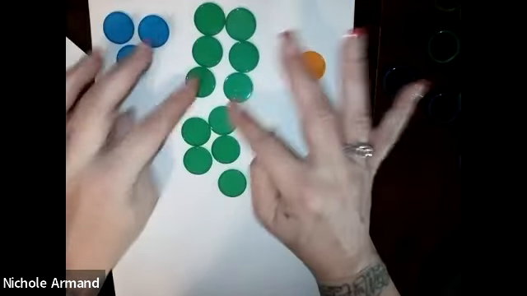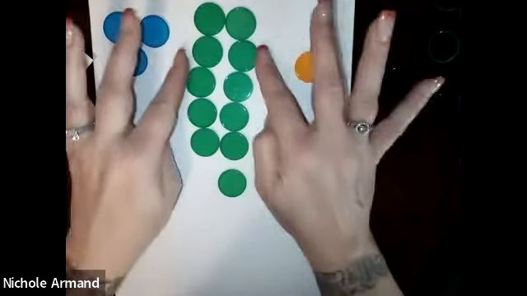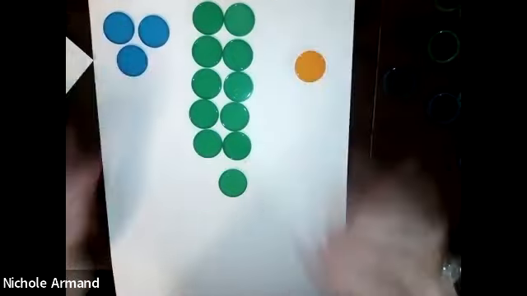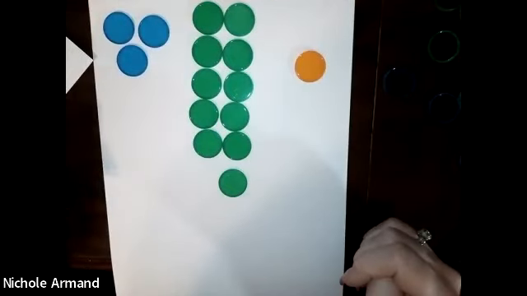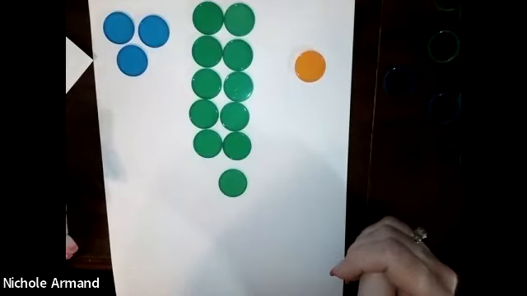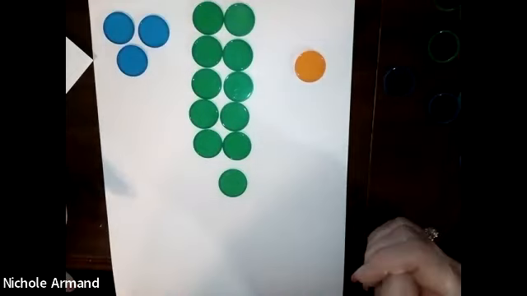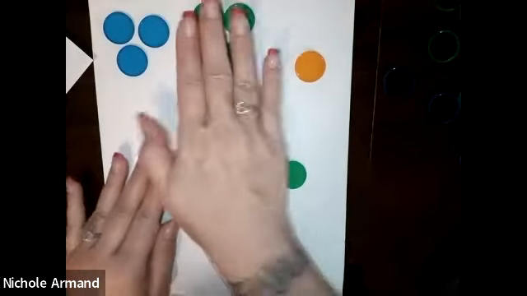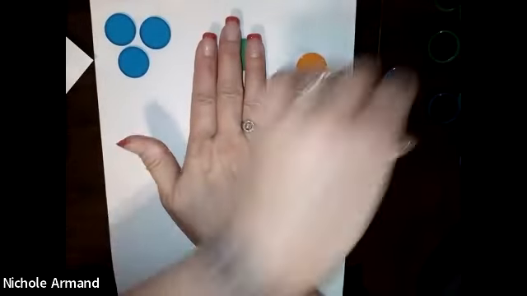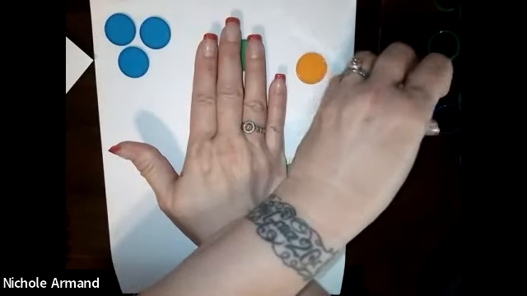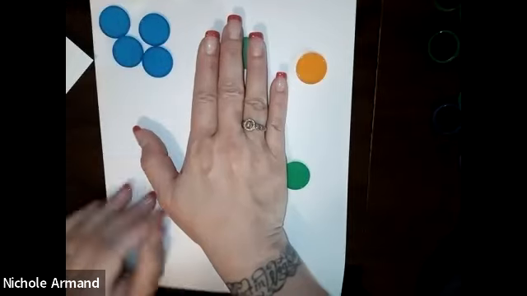Okay. Now I'm going to add my green ones. 2, 3, 4, 5, 6, 7, 8, 9, 10. So here is a group of 10. This would represent actually 100 because it's 10 chips that are worth 10 each, because the green chips are in the tens position, and we're going to physically exchange these for a blue chip, which is worth 100.